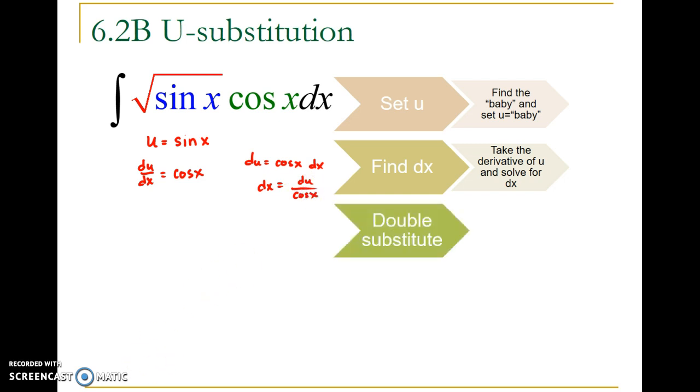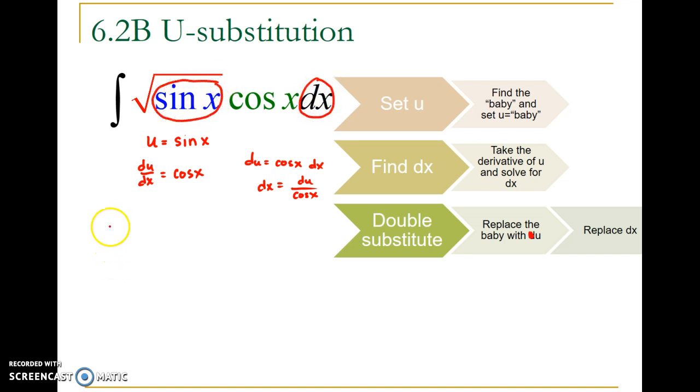Okay, the next thing we're going to do is a double substitution. We're going to substitute the baby in with the u, and we're going to replace our dx. So it's going to look like this.